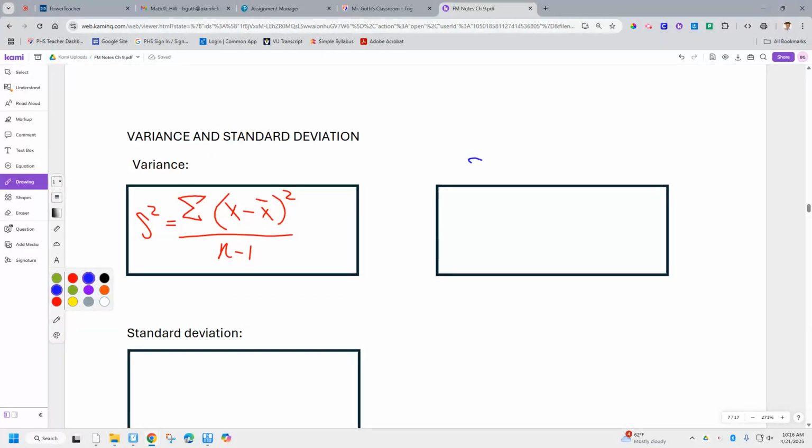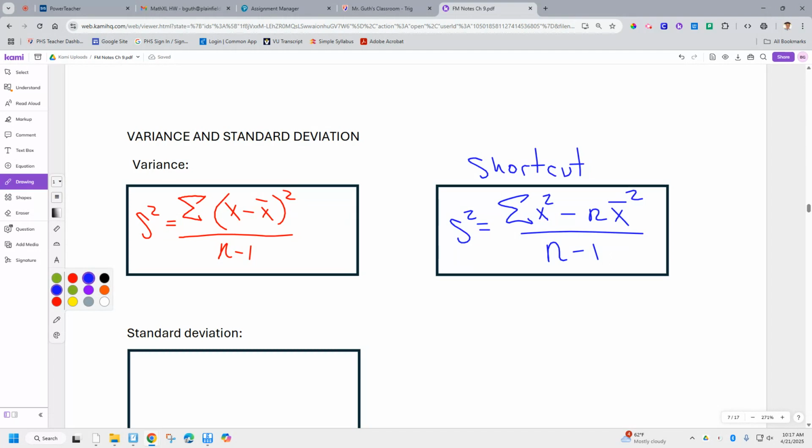Then they give us something they call a shortcut. It doesn't look like a shortcut, but it's just a little bit easier to calculate this way. S squared equals sigma x squared. So that's you take each individual number and square it, and then take the sum of that, minus n, which is the number of numbers, times x bar, the mean, squared, and divide that by n minus 1.